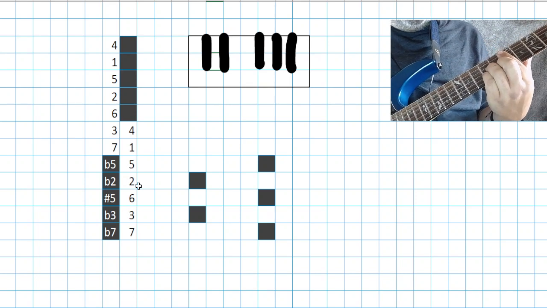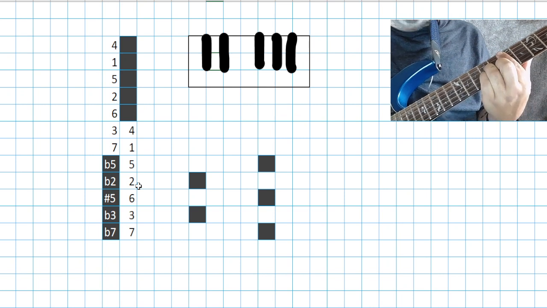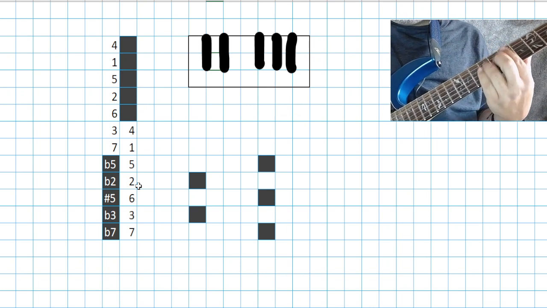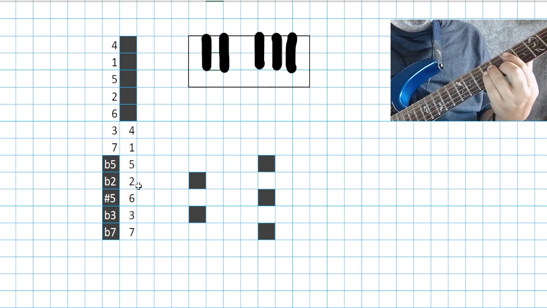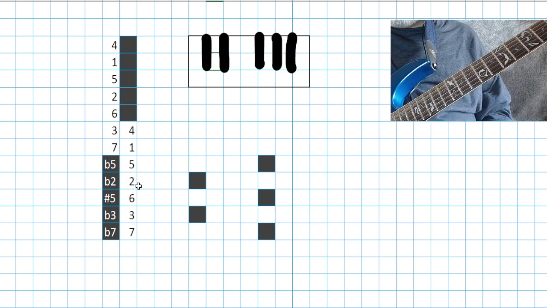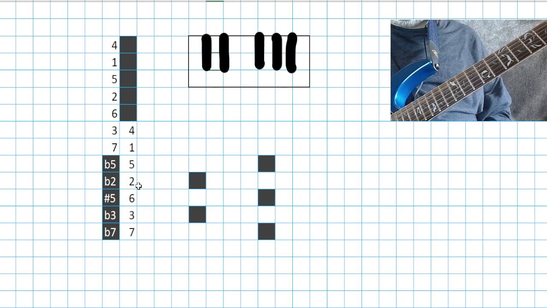We know it's minor. So 3, Phrygian, Aeolian, Dorian. Then we'd have a 5 just below that, with room to really play some super tasty chords. But that's the gist of it.